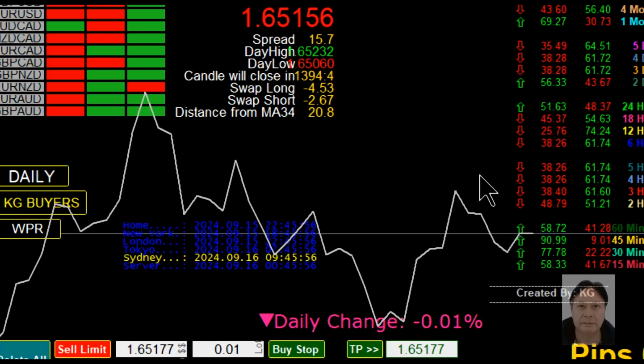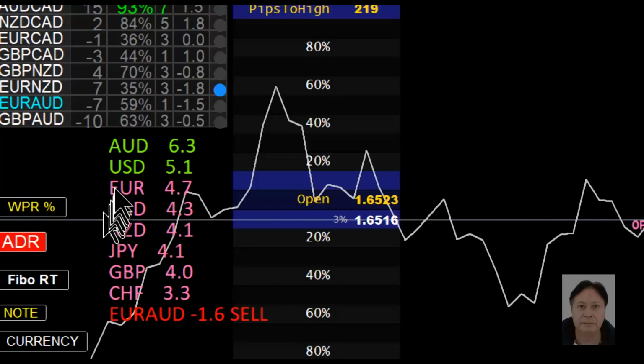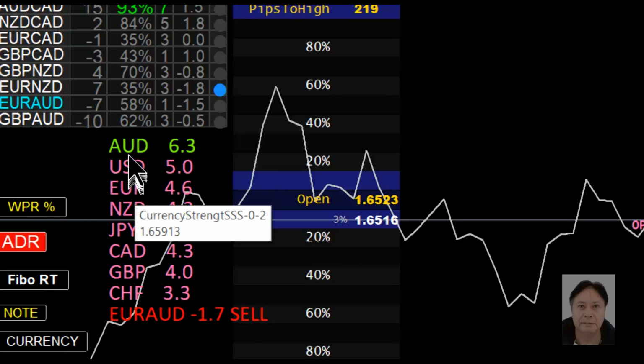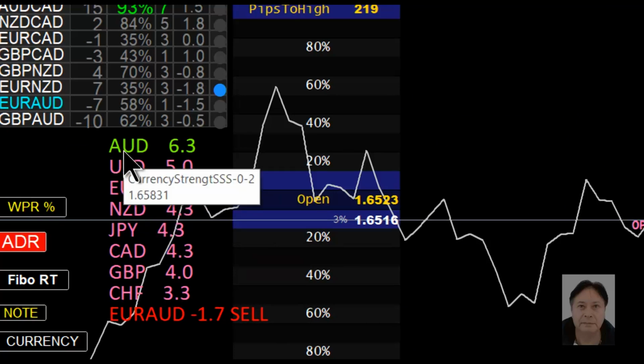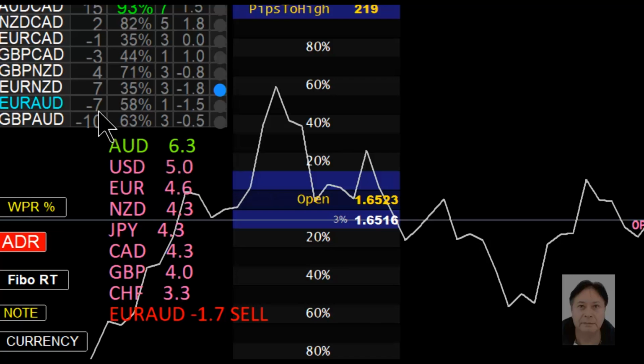You know, if you're doing a sell, okay, and that is obviously reflected in the fact here, the euro and the Australian dollar, because they're approaching each other, so there's some indication that it's going to go up. It's still at -7.